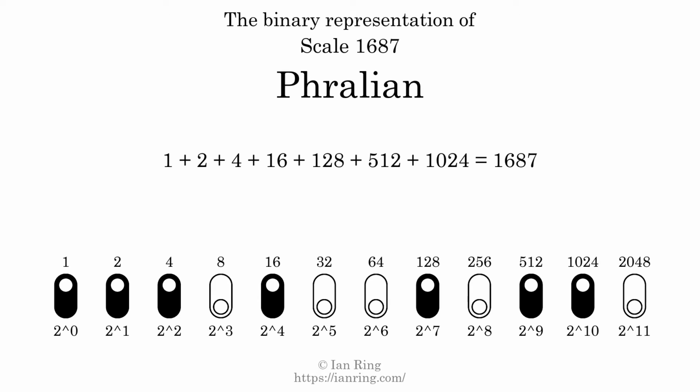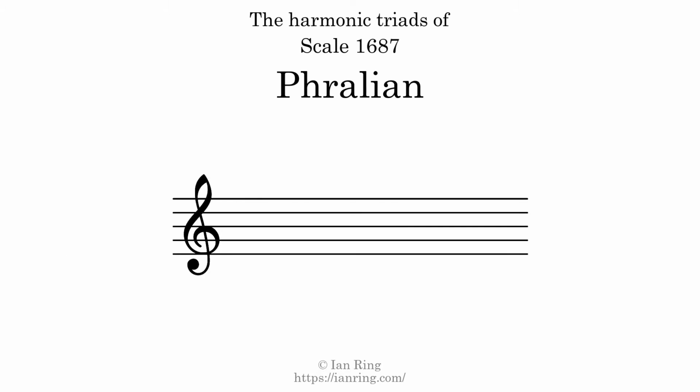That is why the scale number, in decimal, is 1687. The scale number not only enumerates the scale with a unique index, but it also literally describes the tonal content of the scale. Represented as a binary number in base 2, the scale number is 0110100101111. Here are the harmonic triads present in this scale.